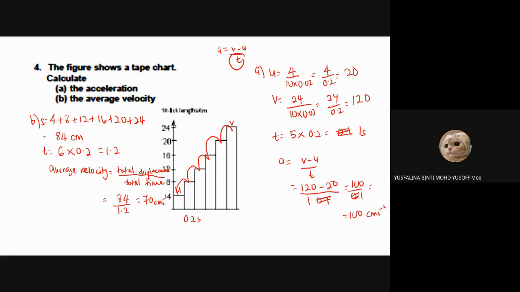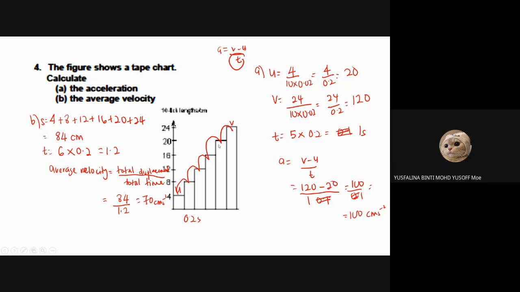So remember for average velocity, you just add all the lengths of the strips here: 4 plus 8 plus 12 plus 16 plus 20 plus 24. After you add all the displacement, you have to find the total time. Remember, this is velocity, not acceleration, so you cannot jump.